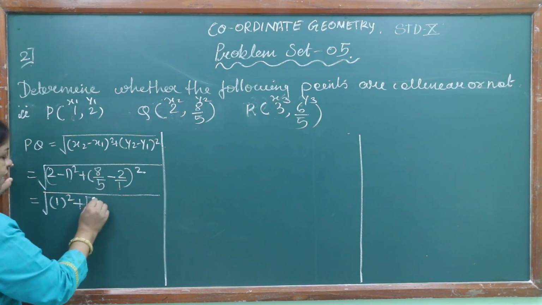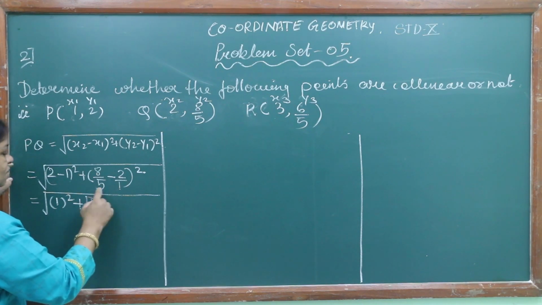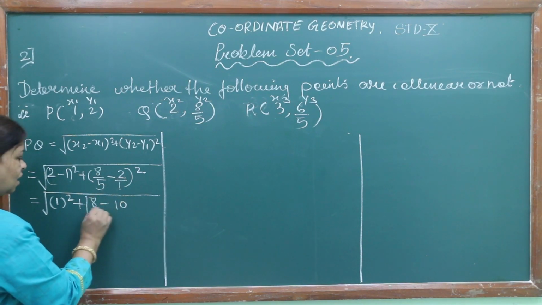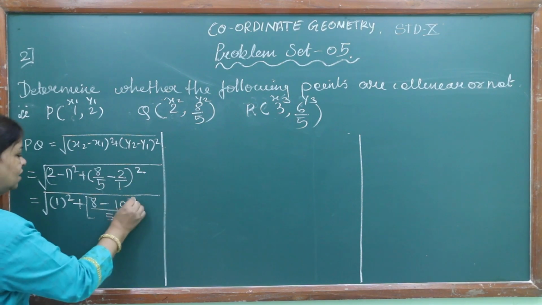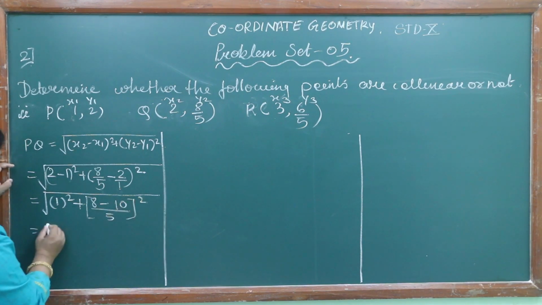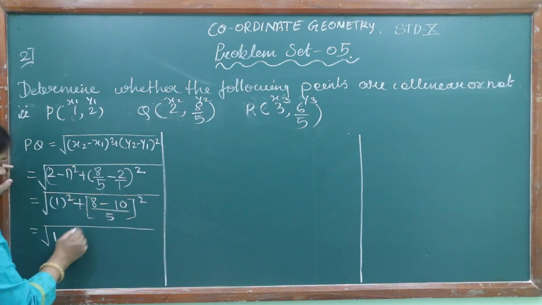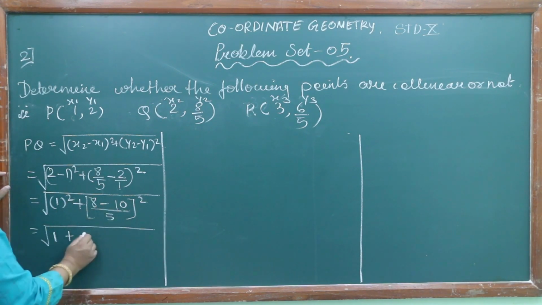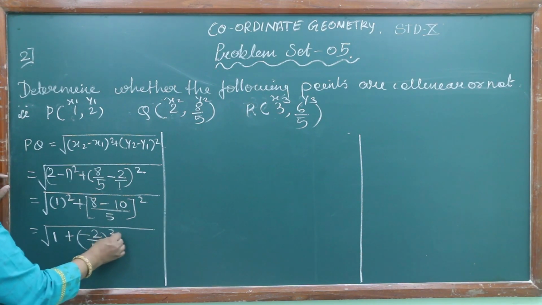Now see, 1 8s are 8, minus 5 2s are 10, upon 5, the whole square, which is equal to 1 square means 1, plus 8 minus 10 is minus 2, upon 5, the whole square.